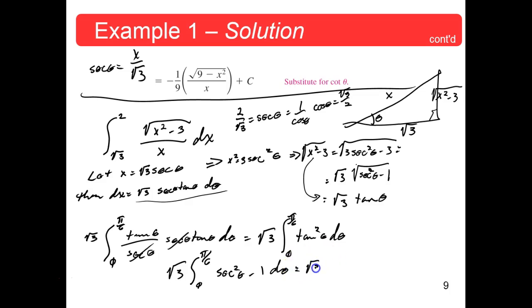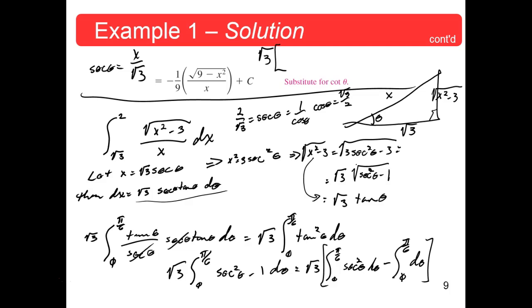Which would be root 3 times the integral from 0 to pi over 6 of secant squared theta d theta, minus the integral from 0 to pi over 6 of d theta. Probably didn't have to do that, but I thought I would. I need some room, so let's write this as square root of 3. What's the antiderivative of secant squared theta?